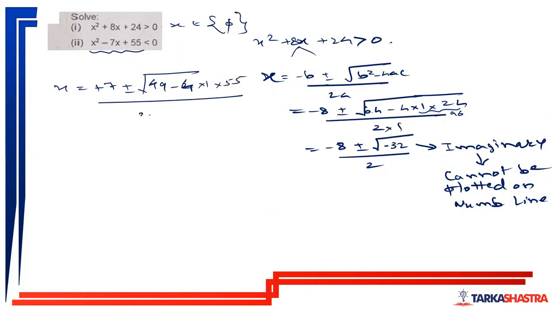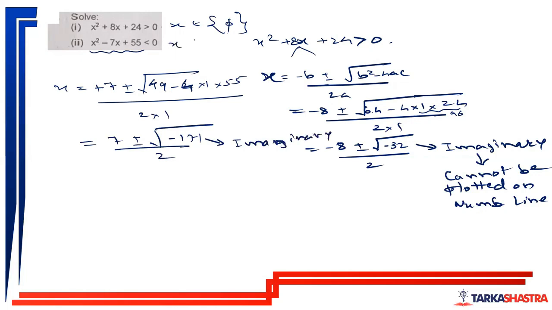Again, this bracket is also going to come as negative. And this is 7 plus or minus under root of 49 minus 220, that is -171, divided by 2. As again this is imaginary, no real roots are possible. So x belongs to the null set.